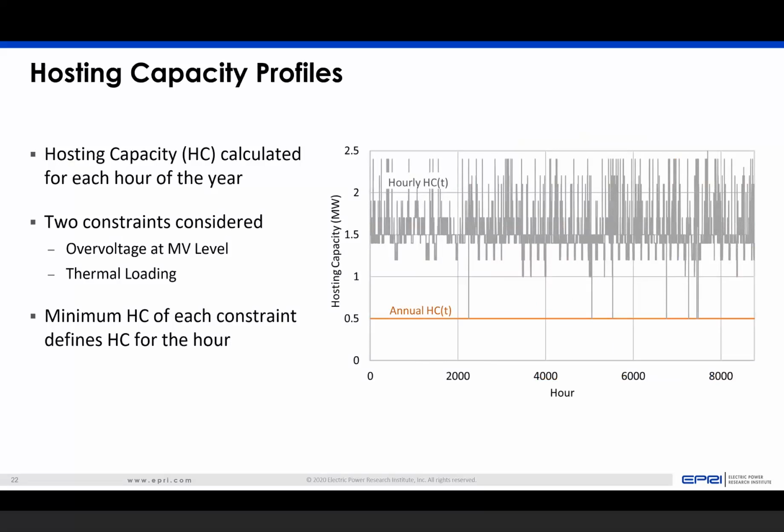We also did not consider the low voltage system, where overvoltage might occur. As Kelsey said, these are caveats in terms of system conditions that may not be acceptable, and so those would have to be baked into the hosting capacity analysis that would be performed on an hourly basis.